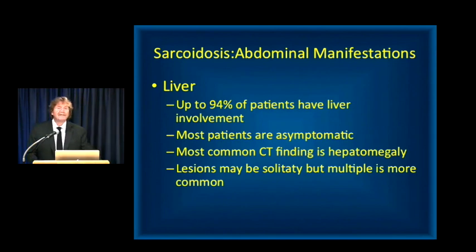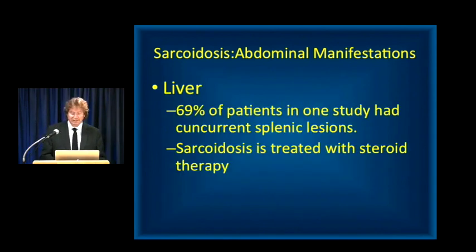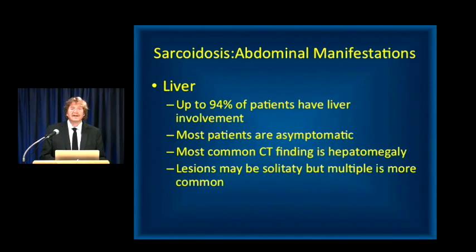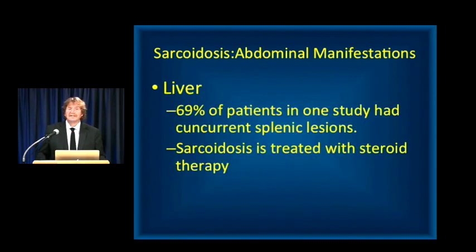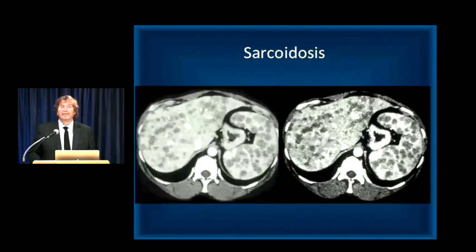And the numbers like liver involvement are indeed very high, 94% in one series. Most patients are asymptomatic, and the most common finding is hepatomegaly. Now, it's rare to see specific lesions. If you see specific lesions, you might be thinking about a malignancy. The same thing is true in the spleen.